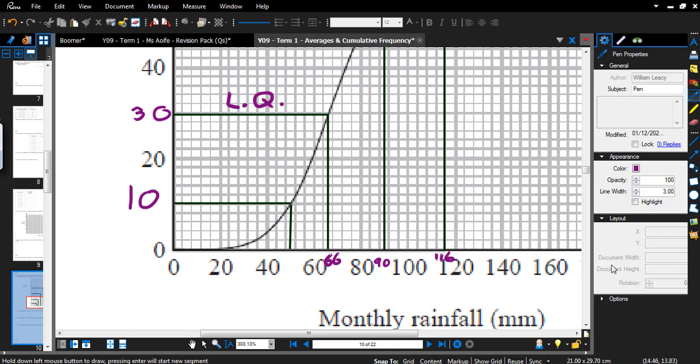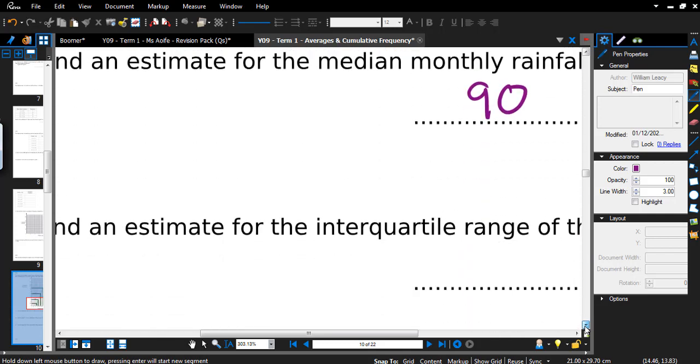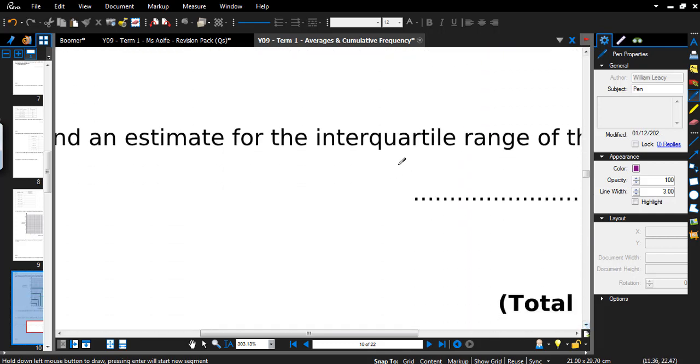So I'm going to say 116 minus 66. Write down those values. 116 minus 66 equals 50. So 50 millimeters.